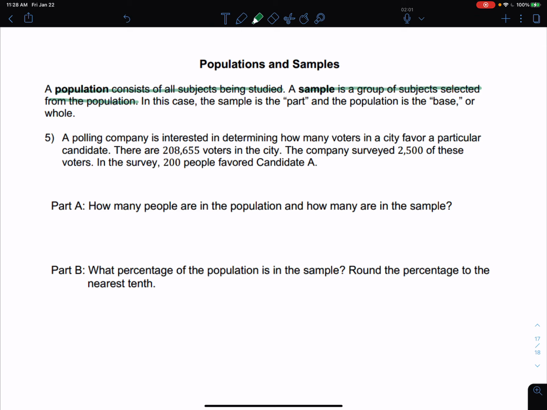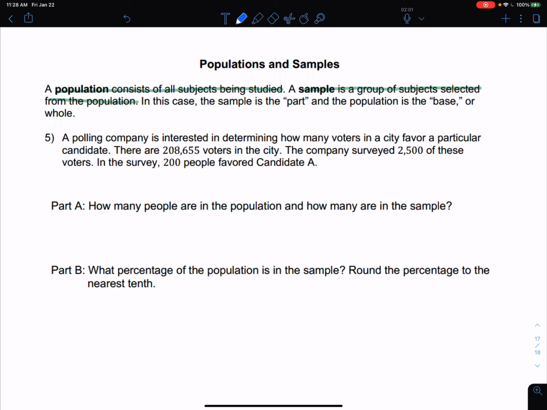So a polling company is interested in determining how many voters in a city favored a particular candidate. There are 208,655 voters in the city. The company surveyed 2,500 of these voters. In the survey, 200 people favored candidate A.